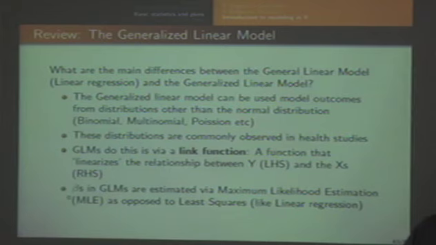And this is a fundamental difference between a general linear model and the generalized linear model: the betas in a generalized linear model are estimated using maximum likelihood estimation as opposed to least squares estimation, which is used for the linear regression. In other words, least squares no longer works when you don't have a linear relationship between variables of a normal outcome variable.